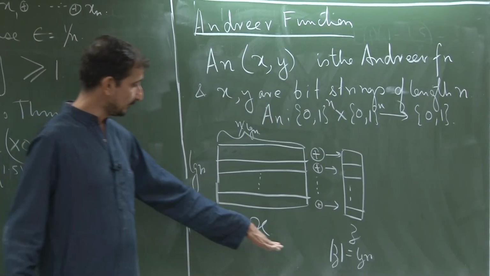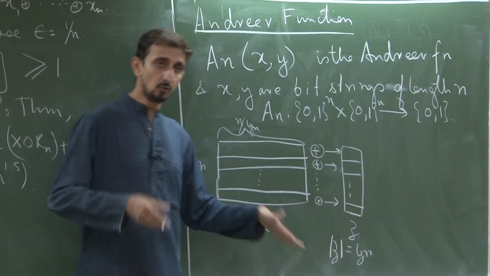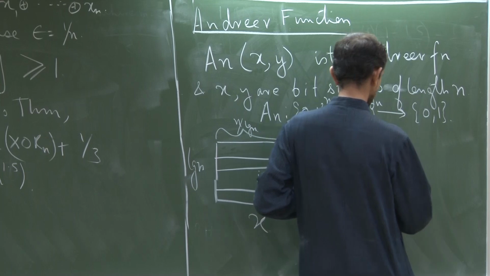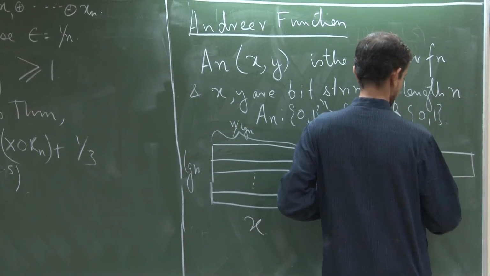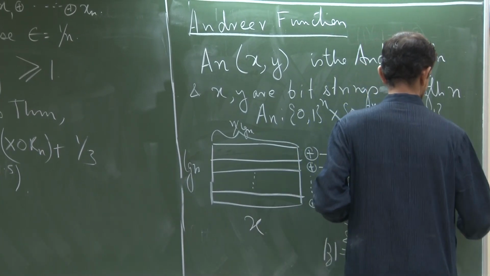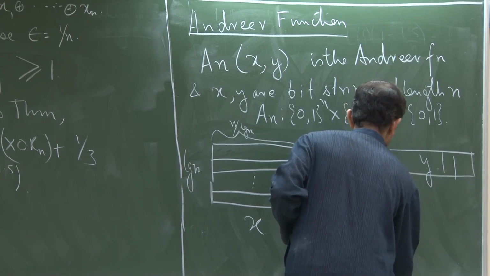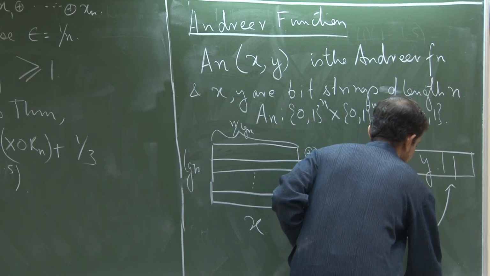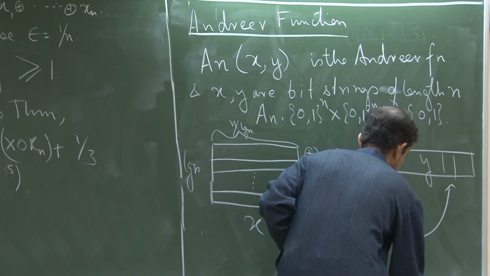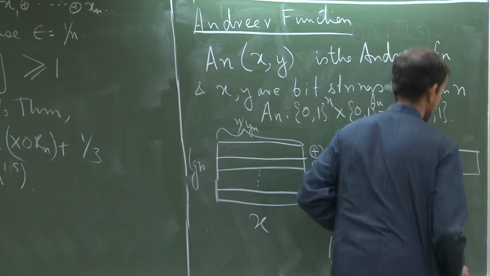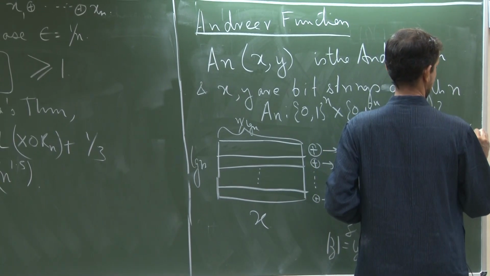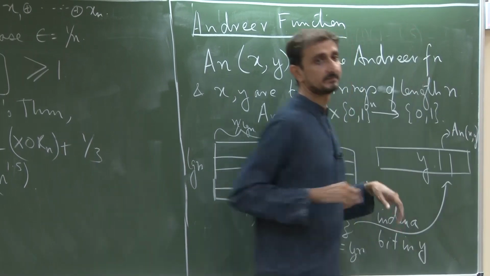Now, I will use z to index the string y. Okay. So, I have this string y also, and I will use z to index a bit in y, and this is the output of the function.